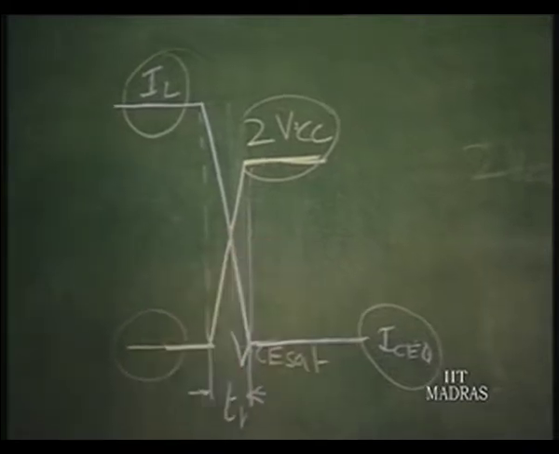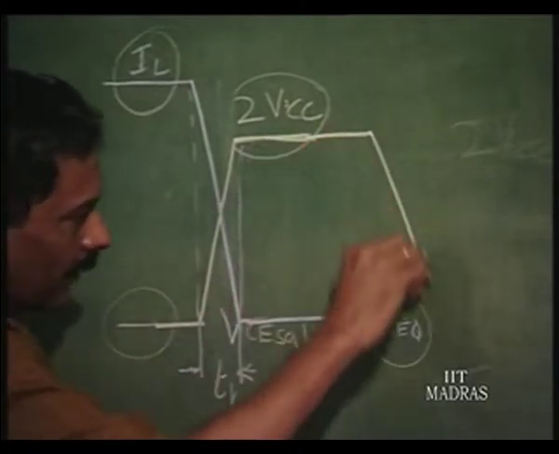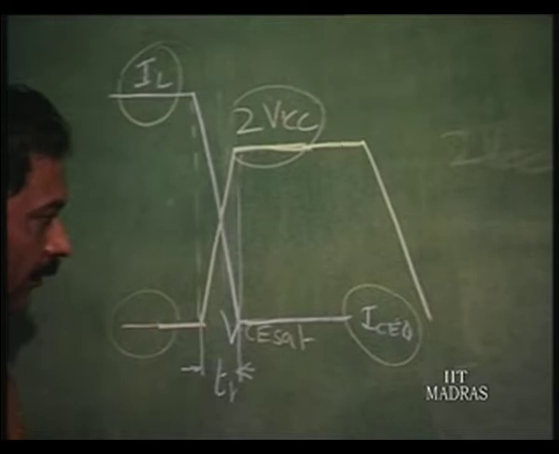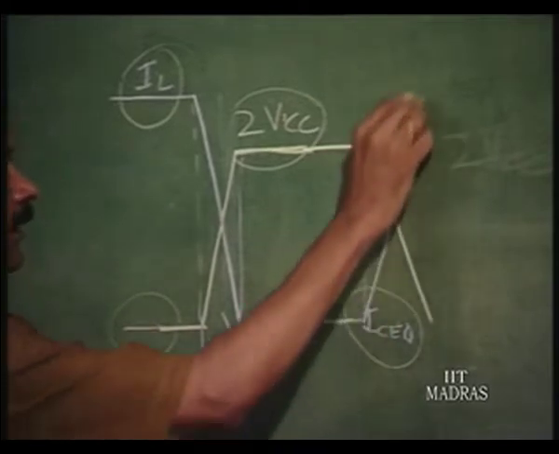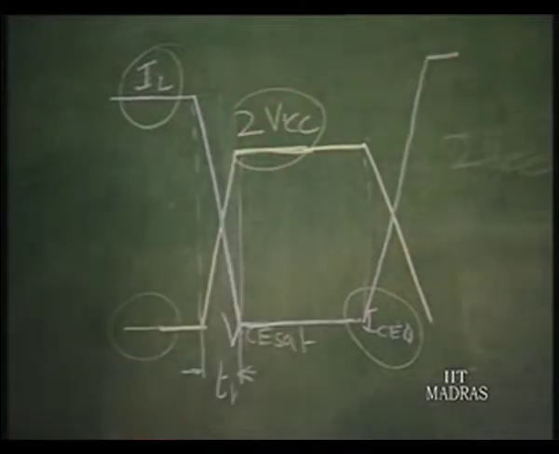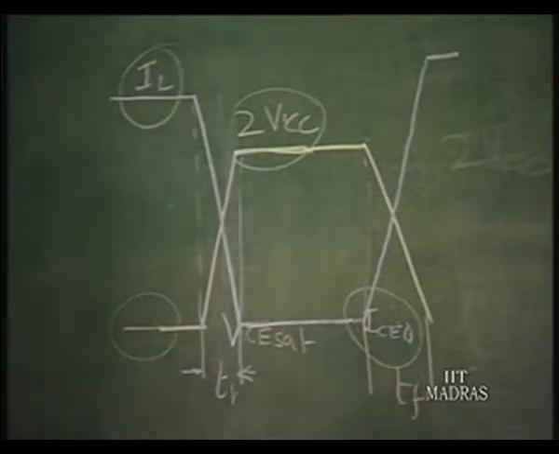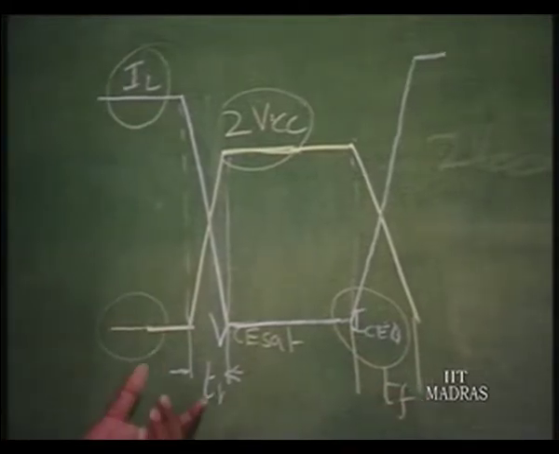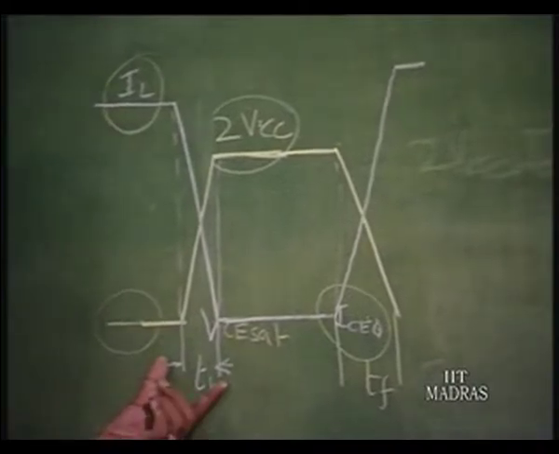This happens also at the other end, and it goes like this. So, both at the rise time and the fall time in a time period it happens. So, we can evaluate the power that gets dissipated in the transistor when it is active.